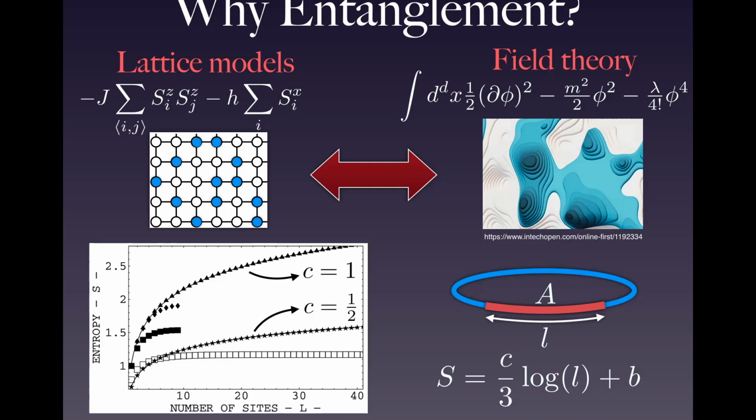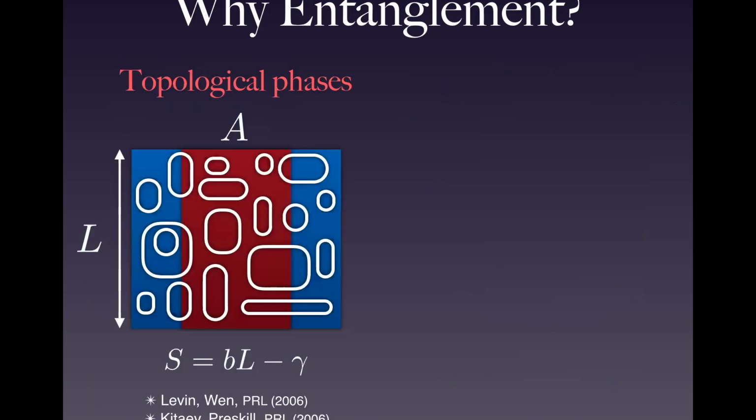Another interesting aspect of it is it can be used to diagnose topological phases. So, for instance, in two-dimensional quantum systems with gapped topological phases, the entanglement entropy of some region A, the main contribution is proportional to the boundary of the region A, that's the area law.